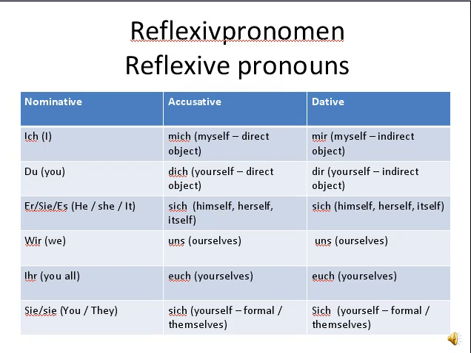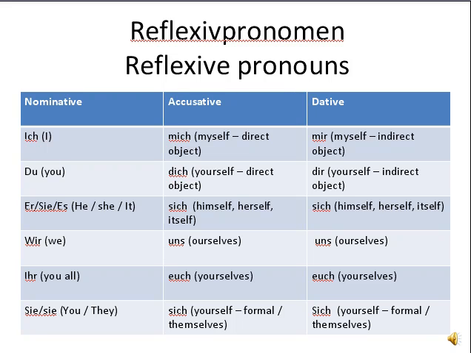The reflexive pronoun chart looks like this. You already know the subject pronouns ich, du, er, sie, es, wir, ihr, sie, und Sie. The direct object pronouns, or in this case reflexive pronouns, are mich, dich, sich, uns, euch, und sich. You will notice that for himself, herself, and itself, it is sich for all of these.